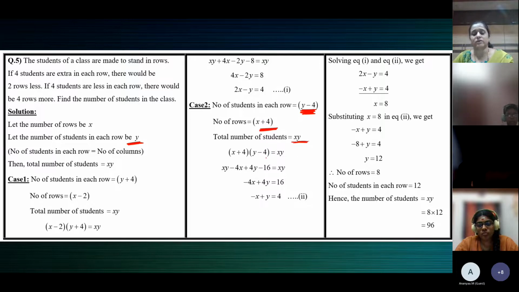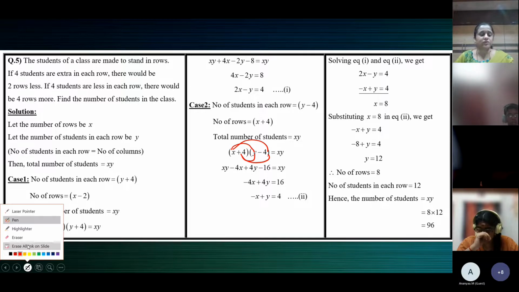Total number of students, xy. Number of rows into number of columns is equal to total number of students. X into y, xy, x into minus 4, minus 4x, plus 4 into y, plus 4y, plus 4 into minus 4, minus 16 is equal to xy.